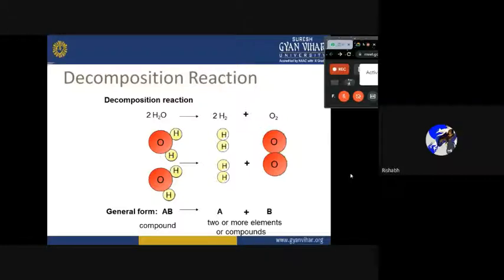So here you can see in the picture H is representing hydrogen and O is representing oxygen. And after decomposition, they are splitting to produce 2 molecules of H2 and 1 molecule of oxygen, that is O2.